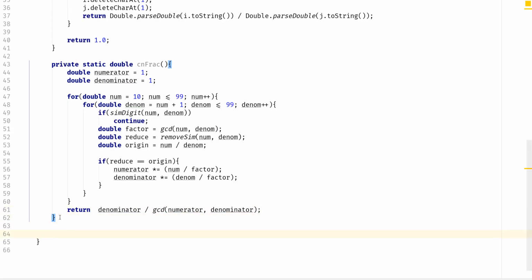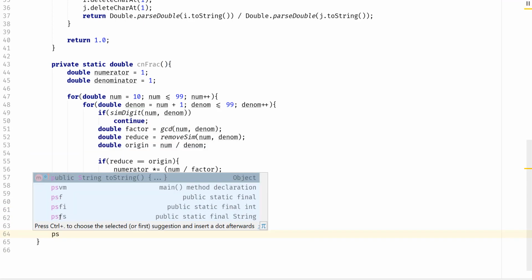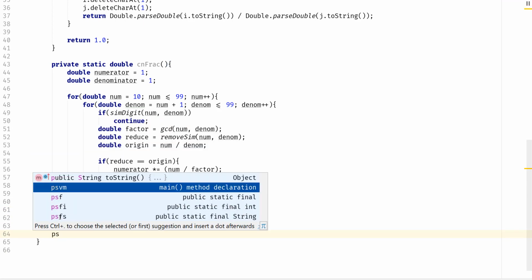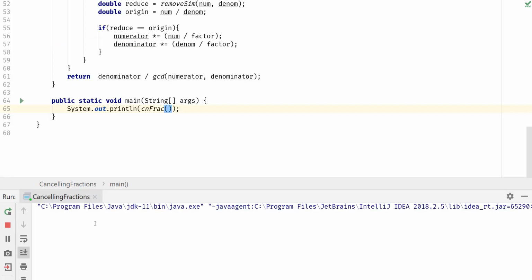So let's just go ahead and test this out. I'm going to put in the public static void main function, and I'll call the cancel frag. Okay, and let's run this. You should get 100 for the final result. Why is that?